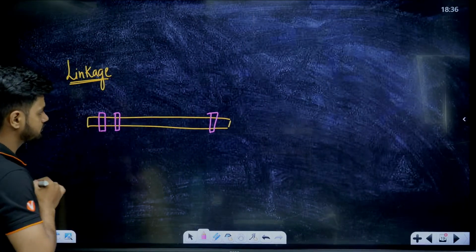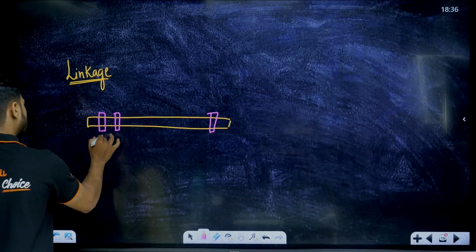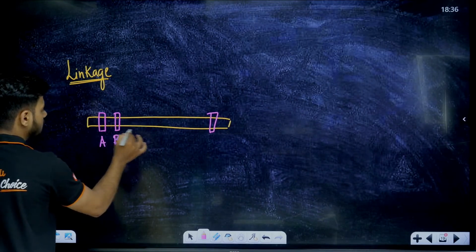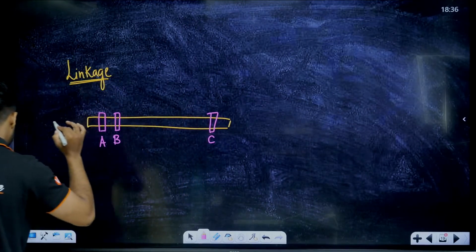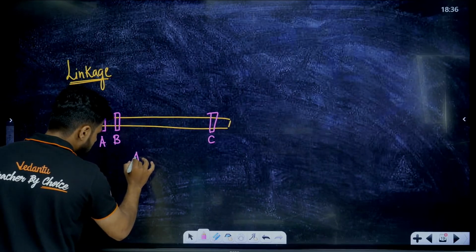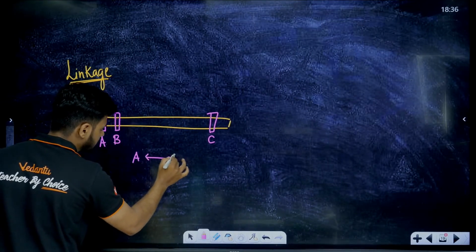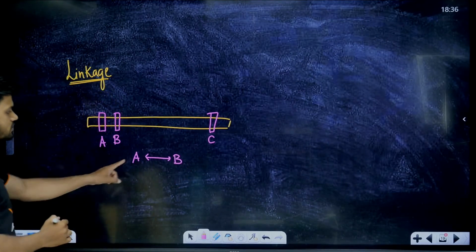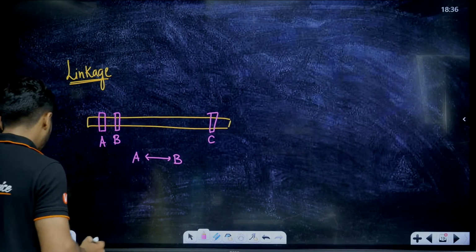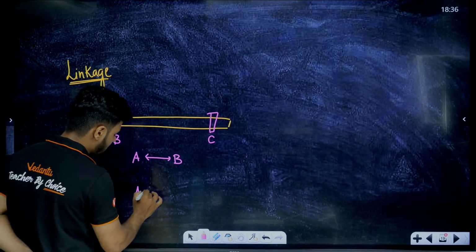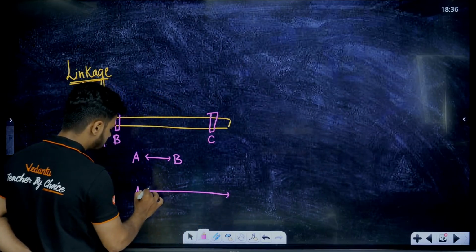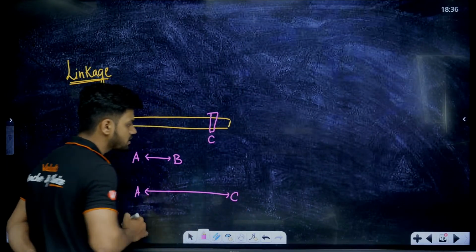One gene is here, one gene is here, and one gene is very far. Let's call it gene A, gene B and this gene C. Now tell me, are gene A and gene B very close to each other? Yes, very close. But if you compare gene A and gene C, they are very far from each other.